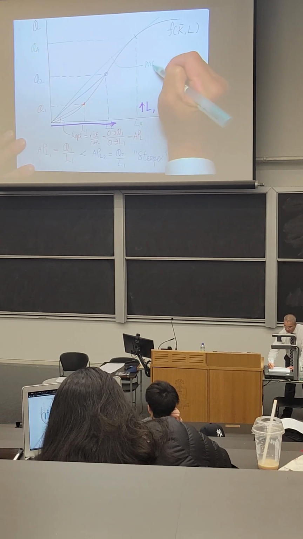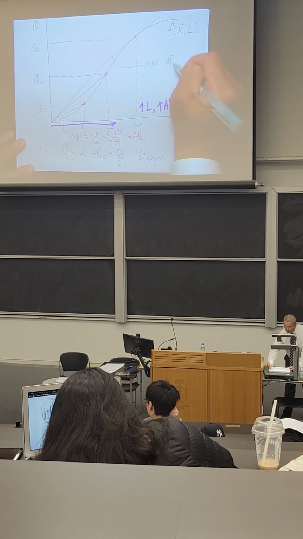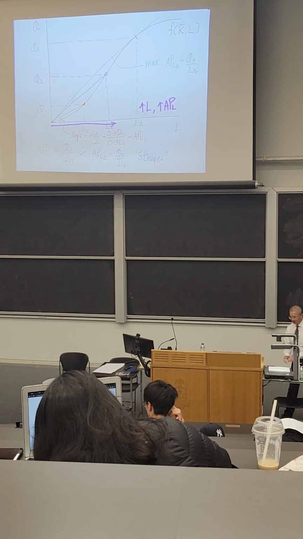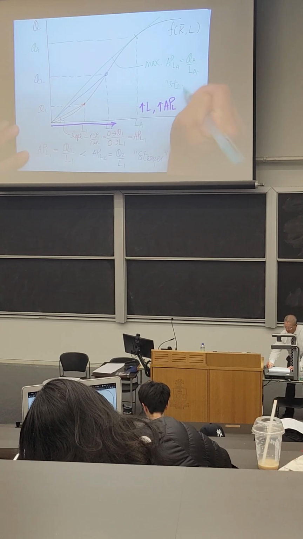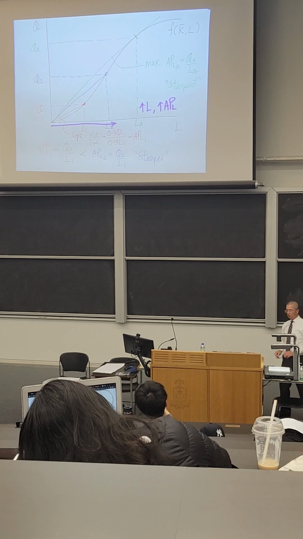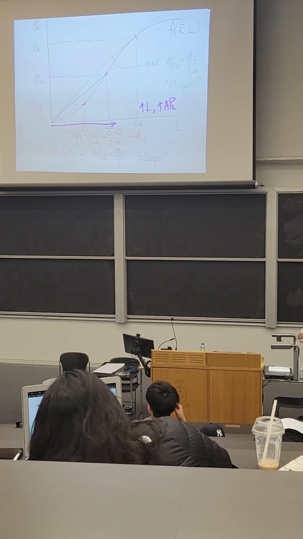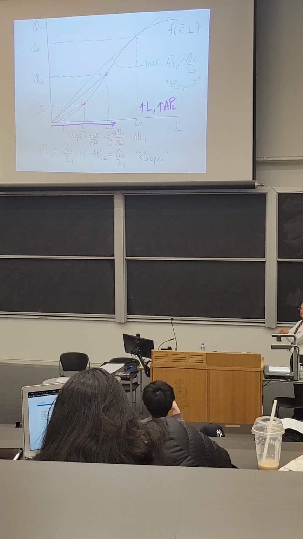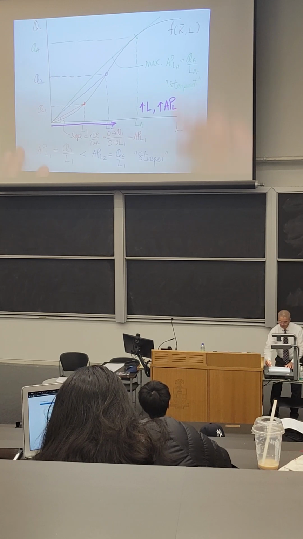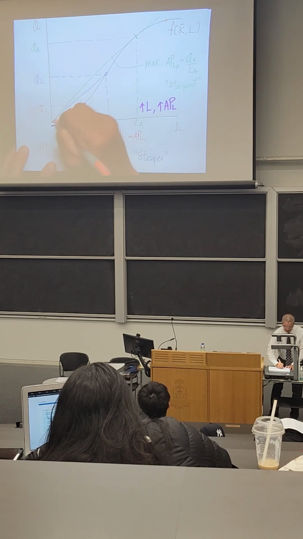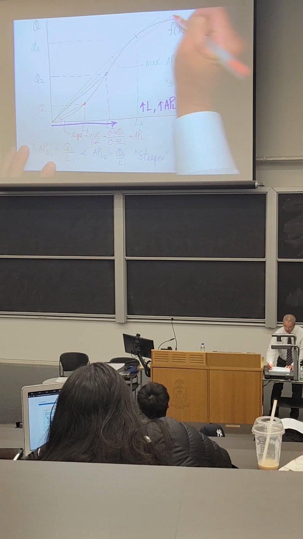This is the maximum average product of labor, because this is the steepest slope from the origin. The straight line will be able to touch this production function. So this is the level of input that will give you the maximum average product of labor. And after that, if you look at this point, then the slope of the orange line will be coming back down.